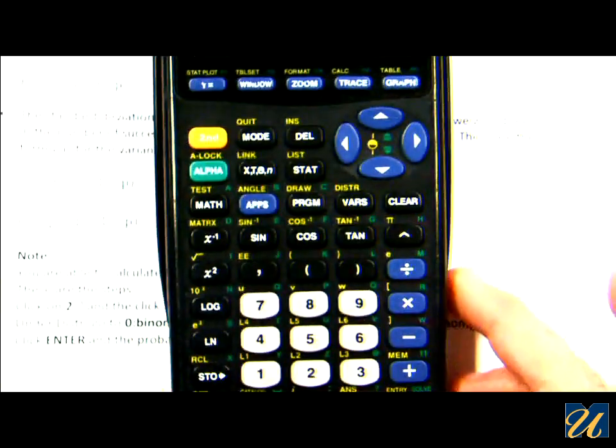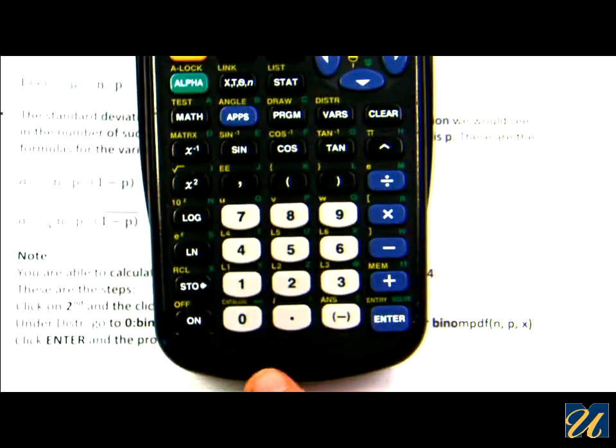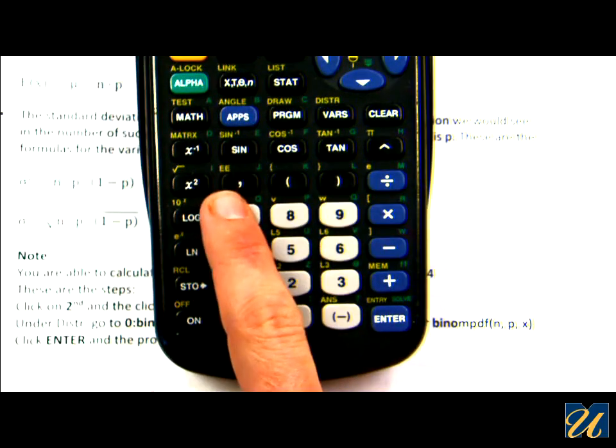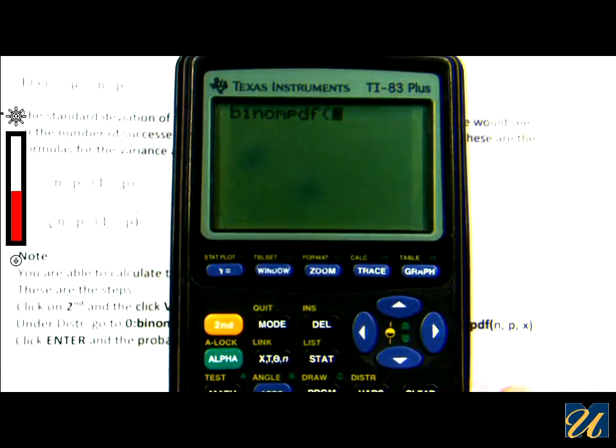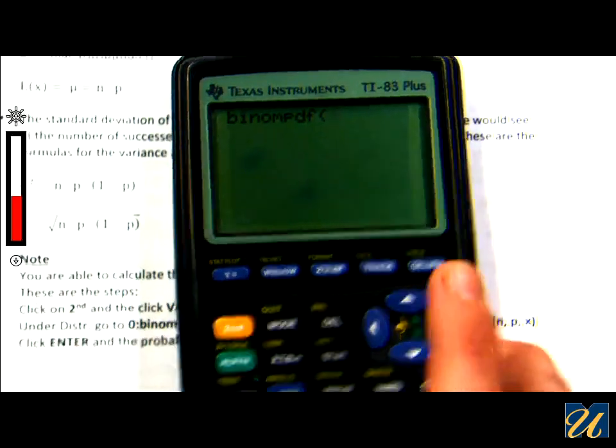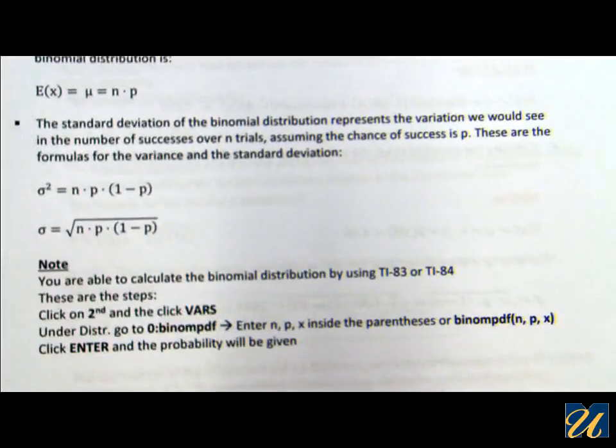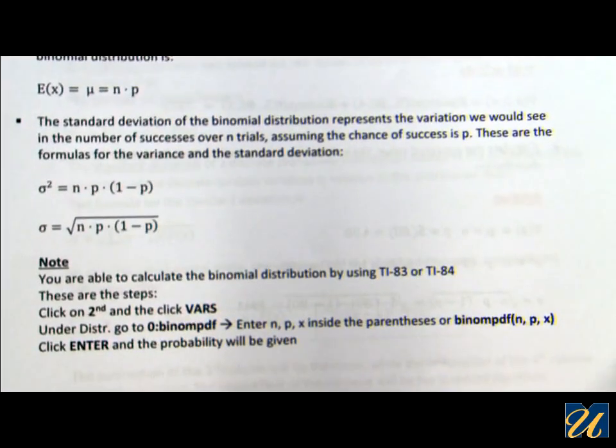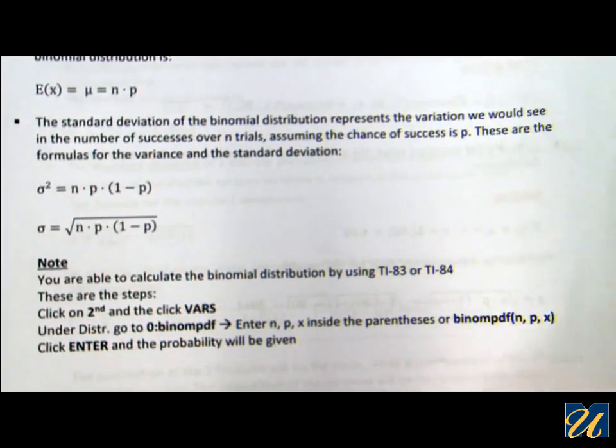The comma is right here on top of 7. And you have all the directions here.